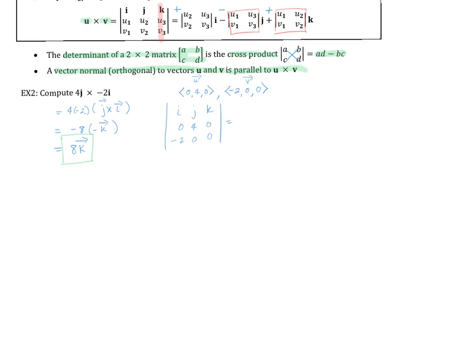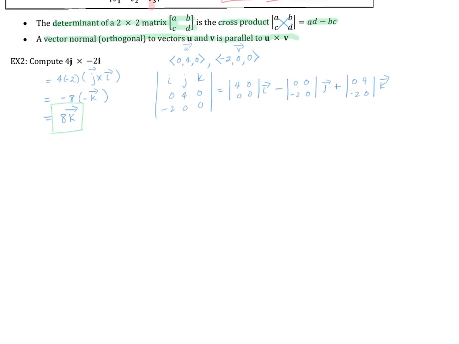That's going to be equal to a plus. Figure out the cross product for, if we cover i, we have 4, 0, 0, 0. That would be our i. So it's plus, minus. Cover the j, and you have 0, 0, negative 2, 0. That would be your j. Plus, cover the k, and we have 0, 4, negative 2, 0. That would be the coefficient for our k vector. So let's see if we just get 8k.